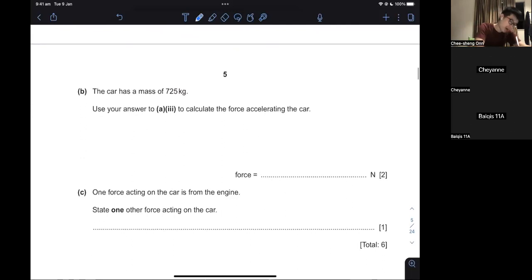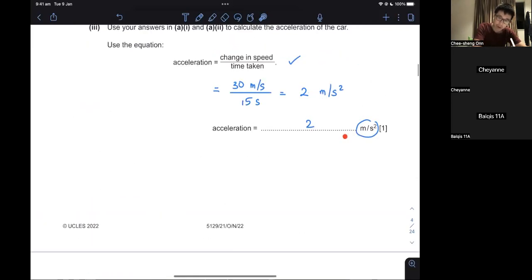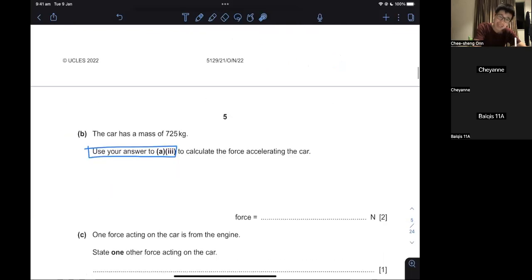Now, use your answer to A part 3. This kind of question, they usually ask you to use your previous answer. How about you say, if my previous answer was wrong, can I still score? Yes. If you use your answer and you do the working correctly, there is something called ECF. This is called error carried forward. These kind of marks are for calculations that involve the data from the previous question.